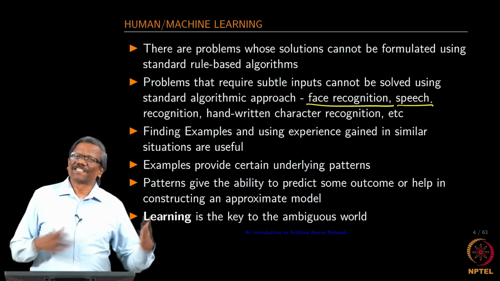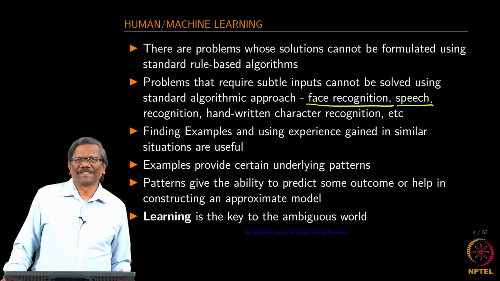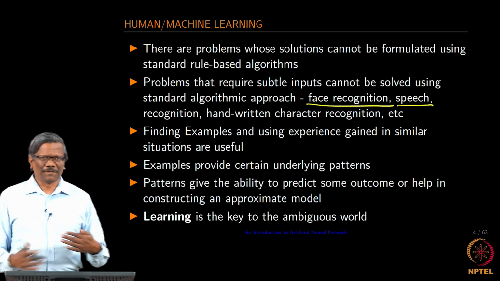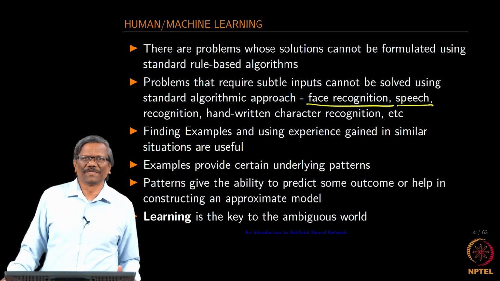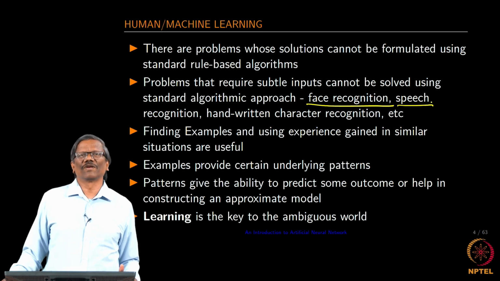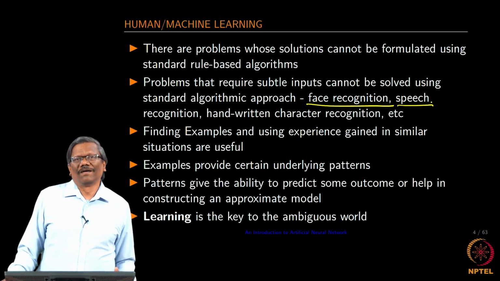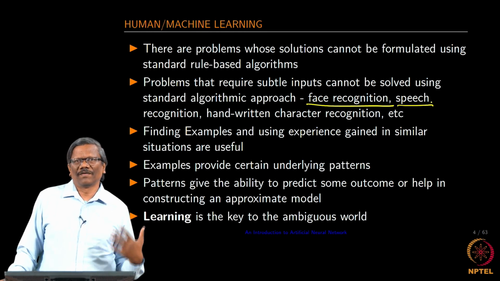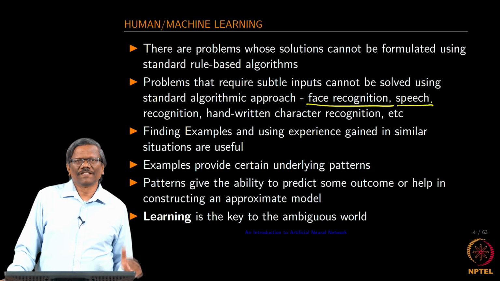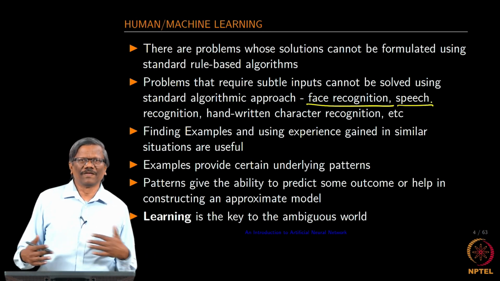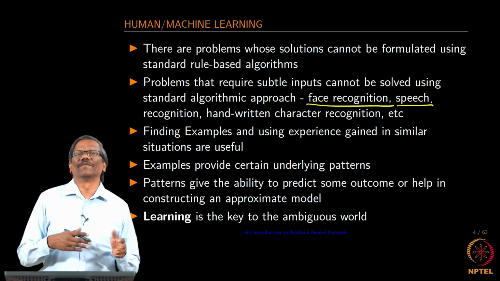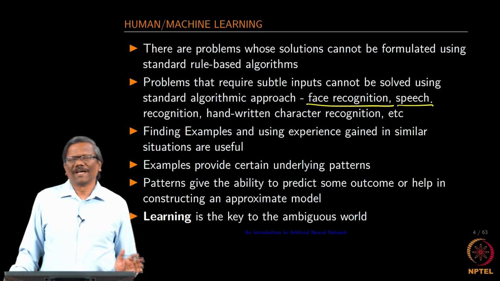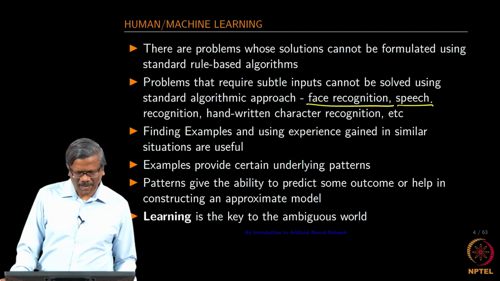So, based on the context, we will be able to figure out whether it is the first one or the second one. For that we require some kind of features to be extracted, which are not going to be provided as a rule in terms of the algorithm. So, the system has to pick up the features that are available and then figure out the rules, construct the rules, and then based on the rules it has captured from the data, it should be able to give you some output.